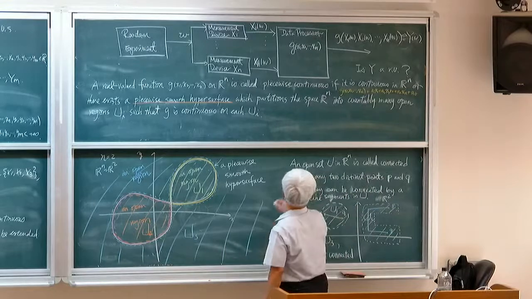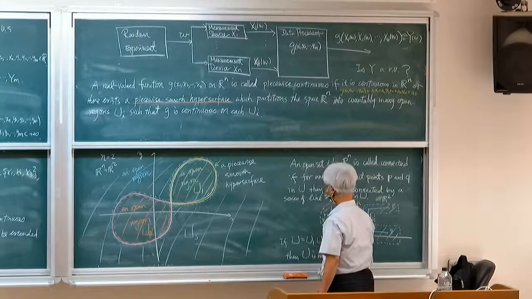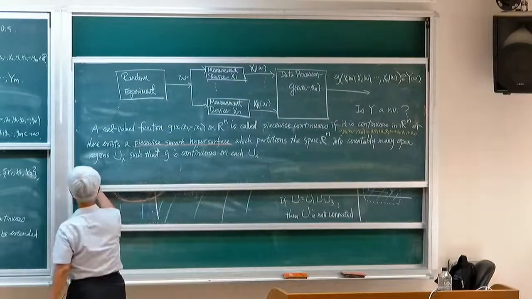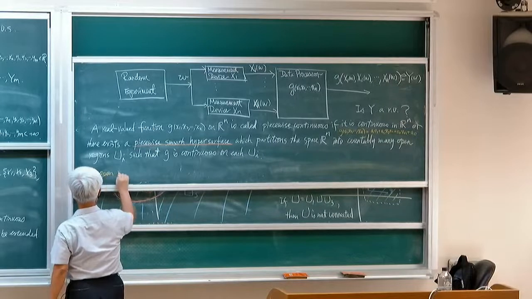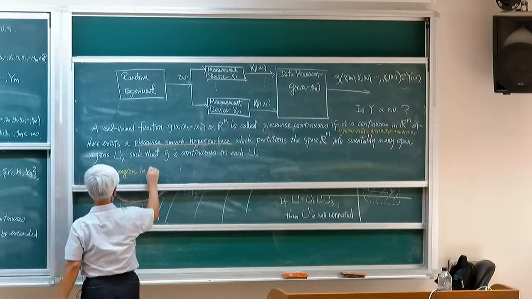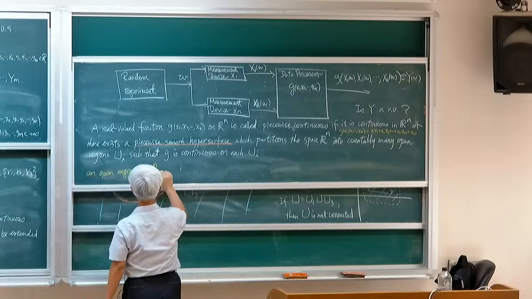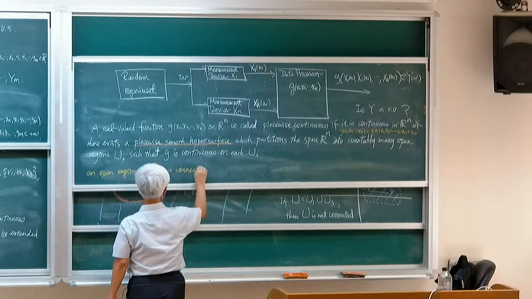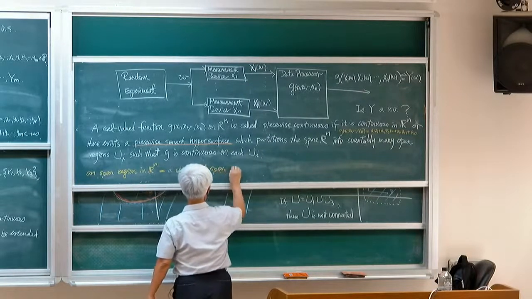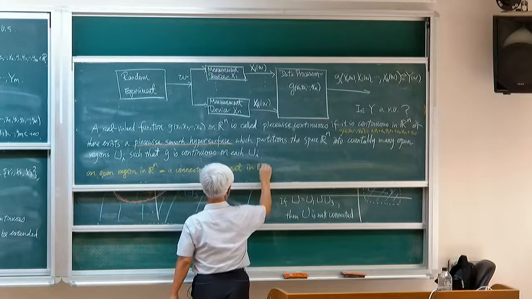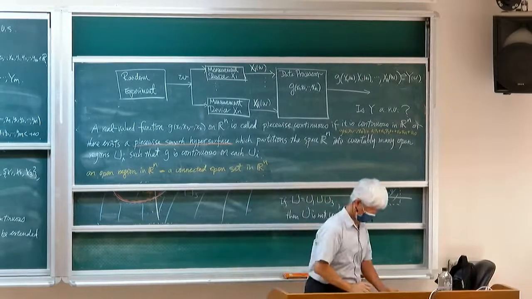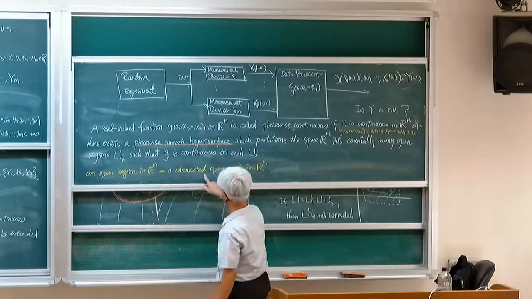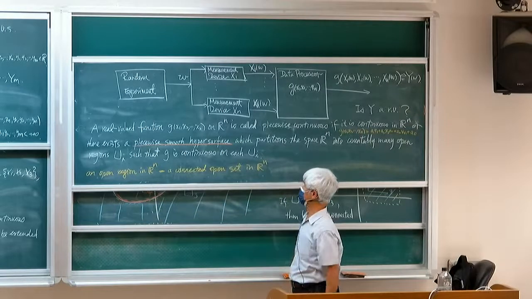Okay, so now I will say that an open region in Rn is just equal to a connected open set in Rn. So an open region is just a connected open set.